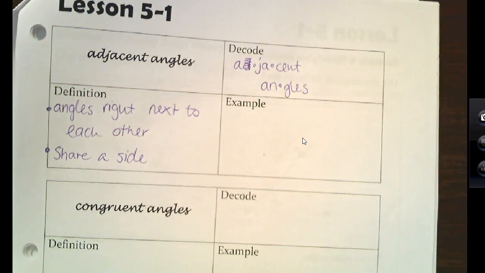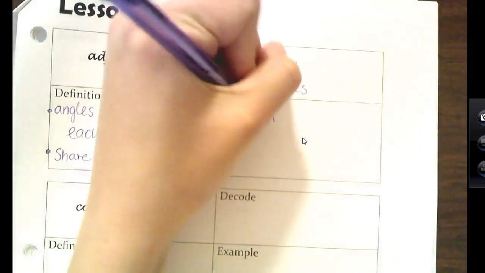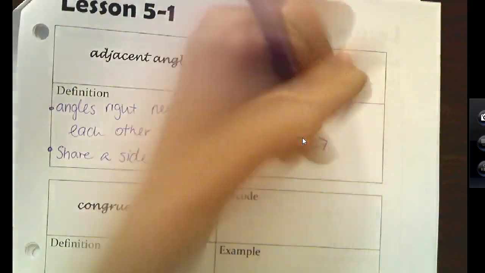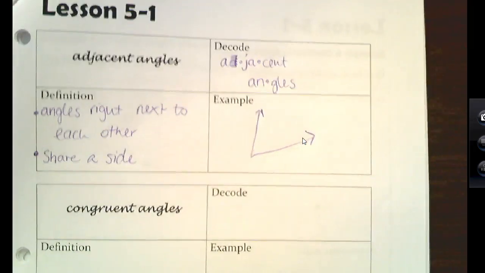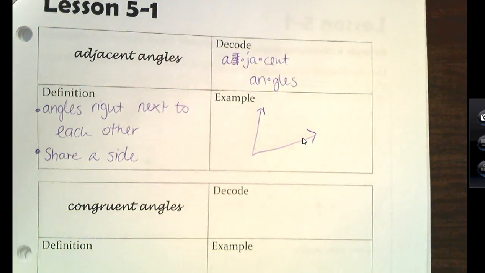My room is also adjacent to Mrs. Anderson's room. So when we go to draw adjacent angles, I want you to go ahead and draw an angle that looks like this. Now currently that's just one angle. If I want to make adjacent angles, I need 2 angles right next to each other that share a common side.